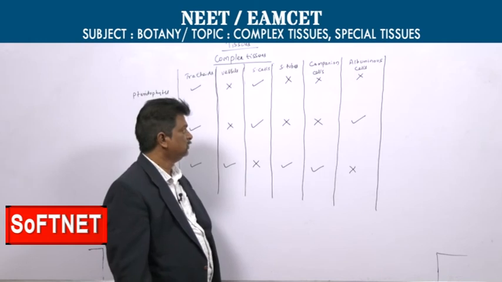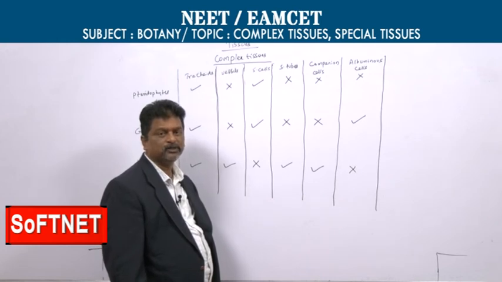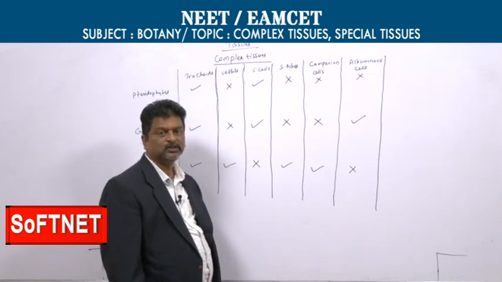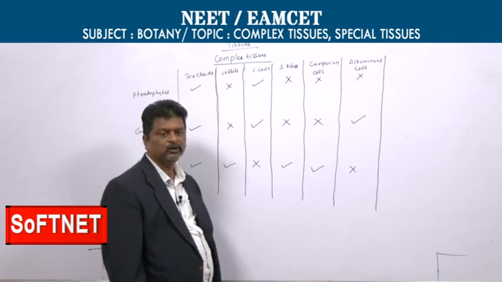Sieve tube and companion cell both develop from the same mother cell, so they are called sister cells. That is why if a sieve tube is not formed, a companion cell is also not formed.